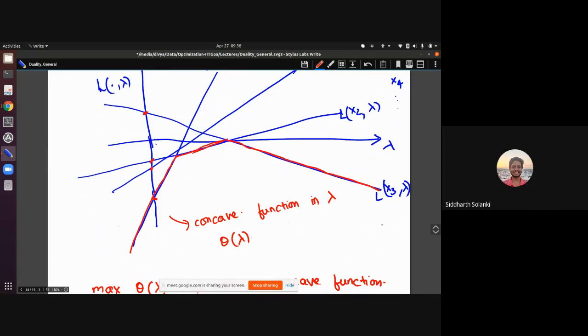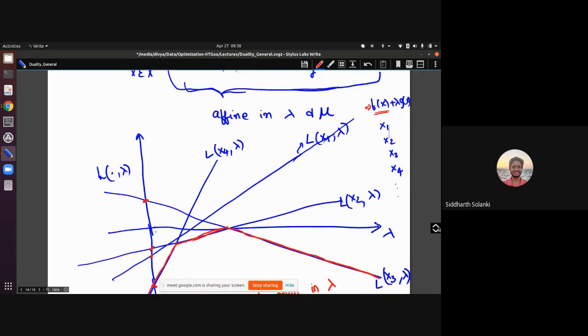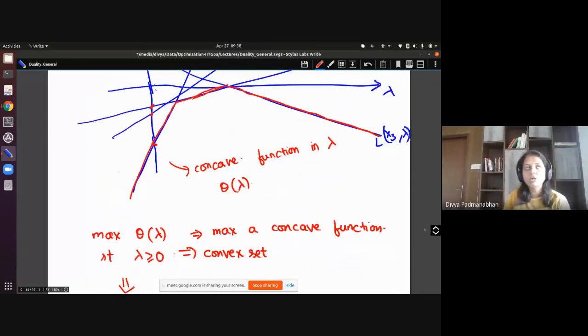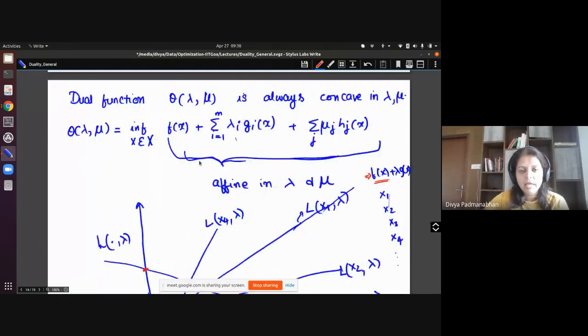Because we were finding a lower bound, why are we taking the extra pain of then optimizing over lambda also? The reason is you want to get the best lower bound. If you just take any x over here, there can still be a gap, right?